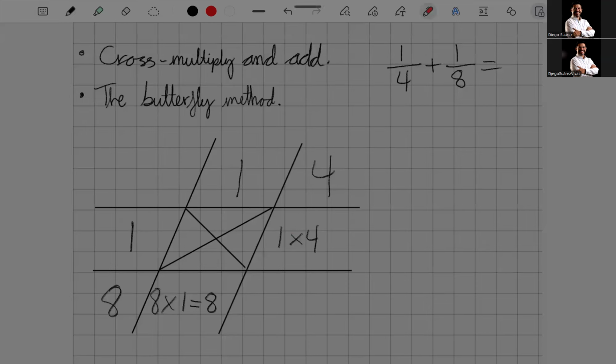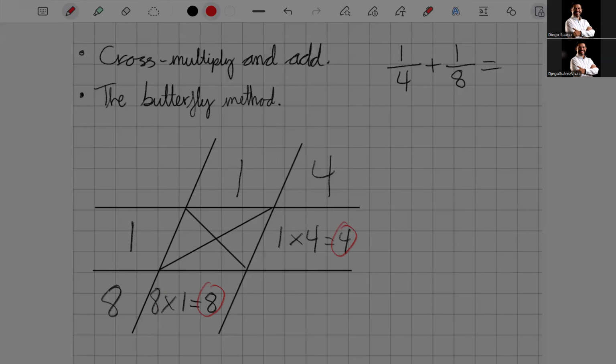Okay, now we have these two numbers, which is, let me just multiply this, 1 times 4 equals 4, okay? Now we have 8 as our result here, and we have 4 as our result here.